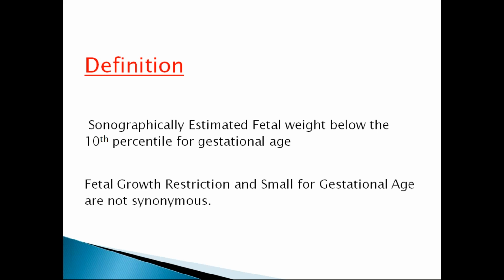Their estimated weights are taken and put in chronological order, 1, 2, 3, 4, going up to 100. Those falling below the 10th, weight-wise, are called less than 10th percentile. The 10th to 90th is taken as average.